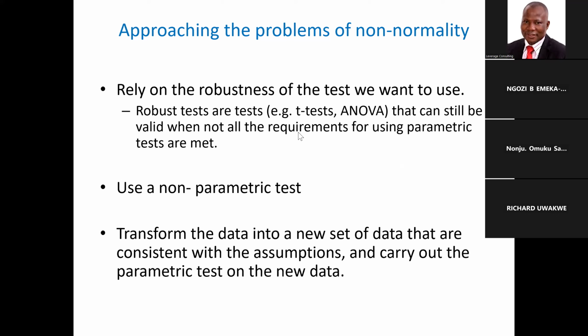If you do a logarithm transformation, it will at least make the data more normally distributed or less skewed, so that you can go ahead and use the parametric test.